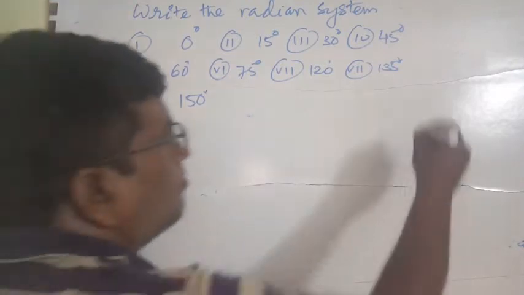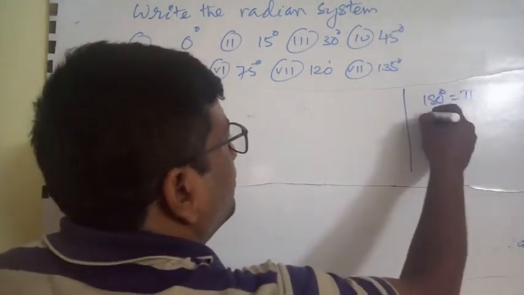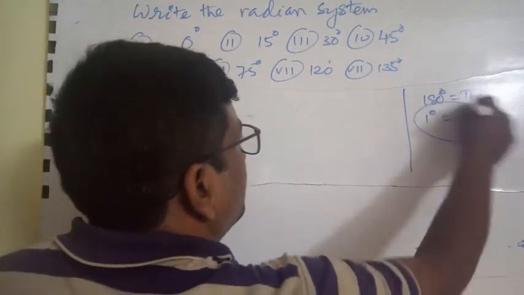We know 180 degree is equal to pi, so 1 degree is equal to pi by 180.